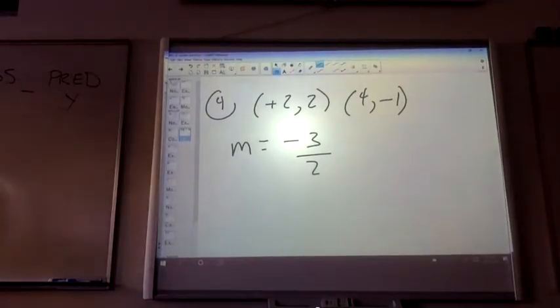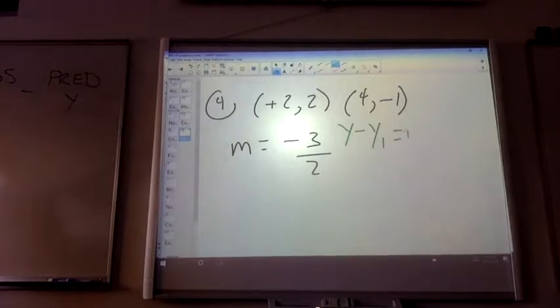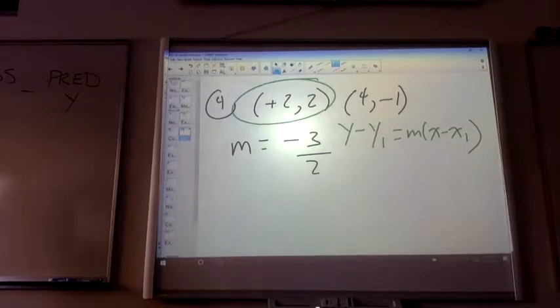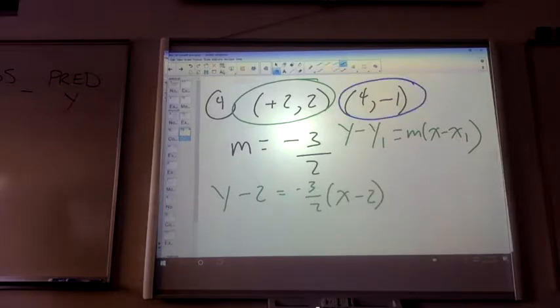All right, so now let's put it in point slope form. So, point slope form is this. Now, here's the problem with point slope form. Let's say you choose that one. There's one answer. Let's say I choose that one for my answer.